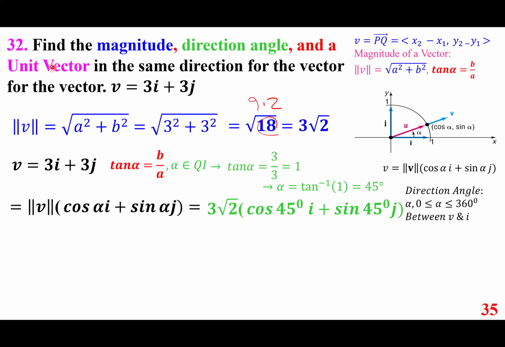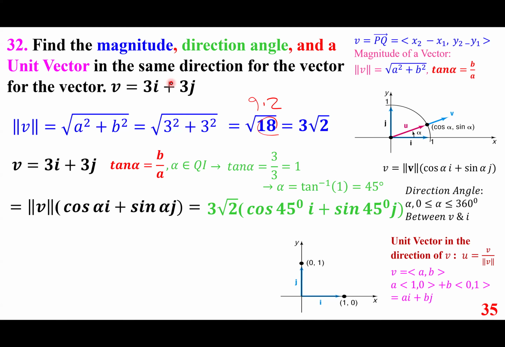Unit vector in the same direction. Unit vector in the direction of v, we call it u, is the vector v divided by its magnitude. So all you have to do is divide this by its magnitude.